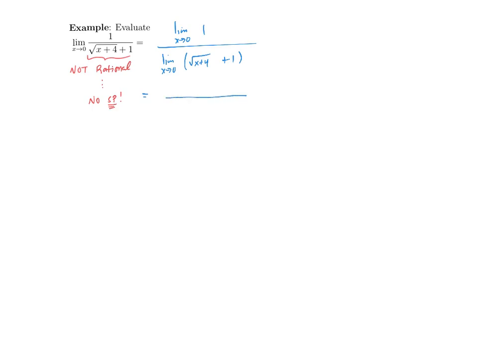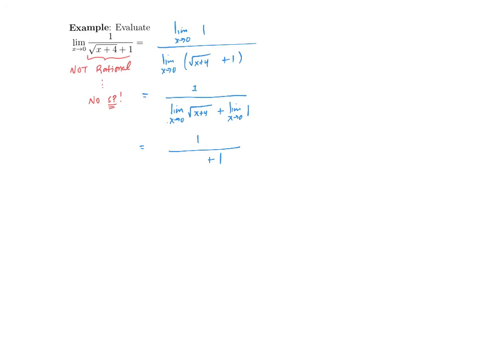Now, the limit in the top is a limit of a constant, which is just that constant, so 1. And in the bottom, we can break that limit of the sum up into the sum of the limits. That would be the limit of the square root of x plus 4, plus the limit as x approaches 0 of 1. Note the second limit in the bottom is the limit of a constant, which is that constant.